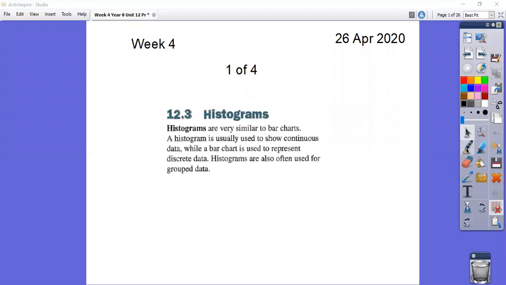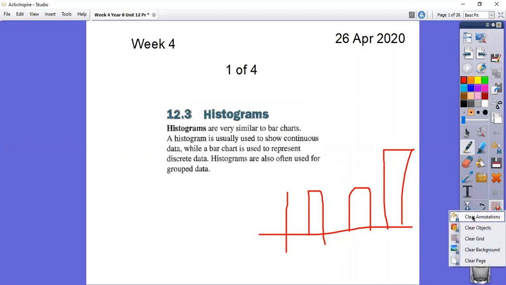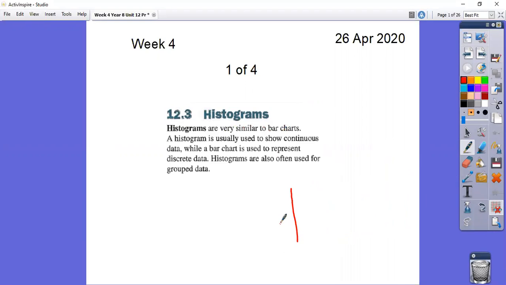But the main use of histograms is this: when you do your graph, instead of having separate bars, which show discrete data, with histograms the information is represented by bars which have no gaps in between them. These bars aren't called bars in histograms, they're called bins, B-I-N-S.